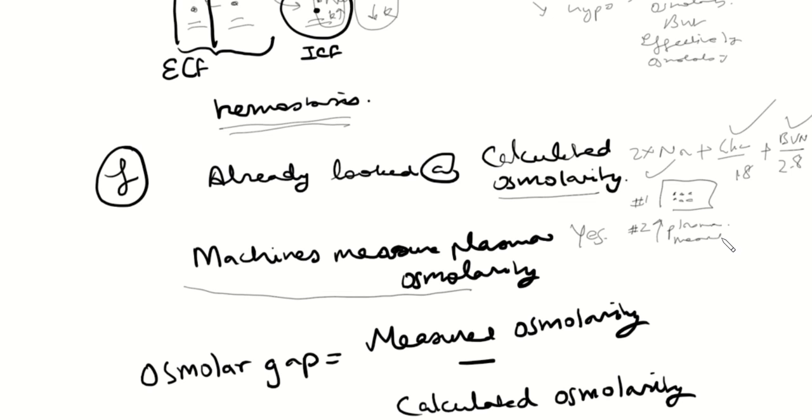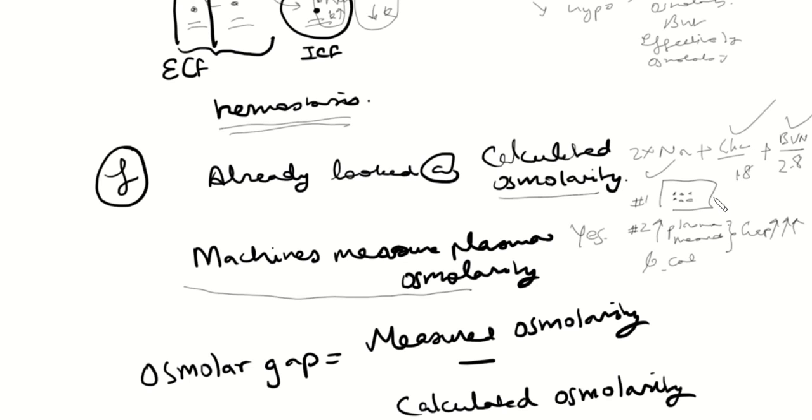But when we calculate, we're not including it in the equation, so it does not show up. So suddenly there's a gap. The gap between measured and calculated becomes very, very high.